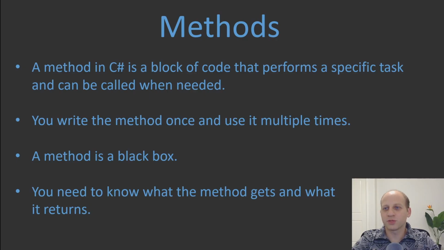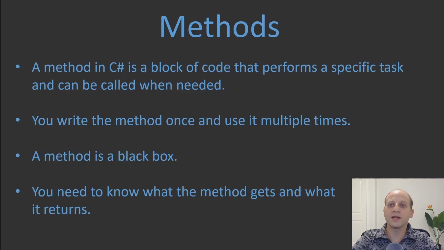Just like with the coffee machine, you only write the method once, just like someone prepared the coffee machine, and then you can call that method whenever you need it. You don't need to write the commands of the method every time. Instead, you can call the method just like you press a button on the coffee machine. In other words, methods allow us to reuse pieces of code that do a specific task.